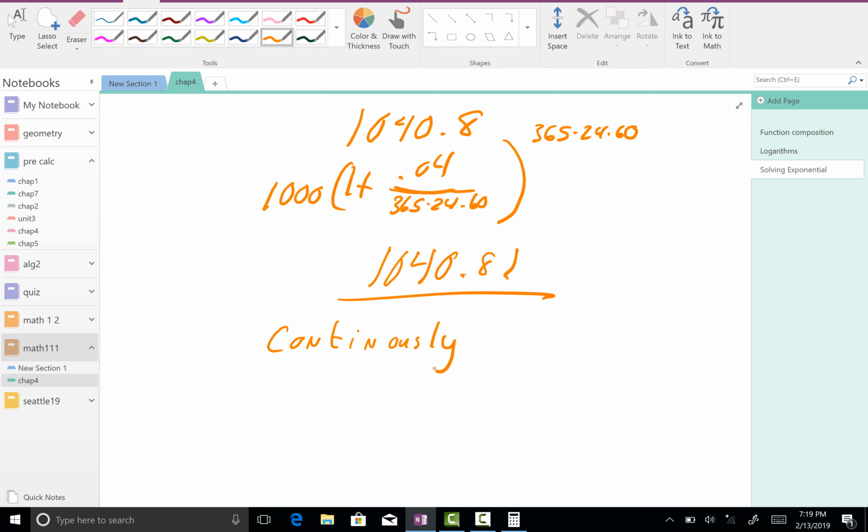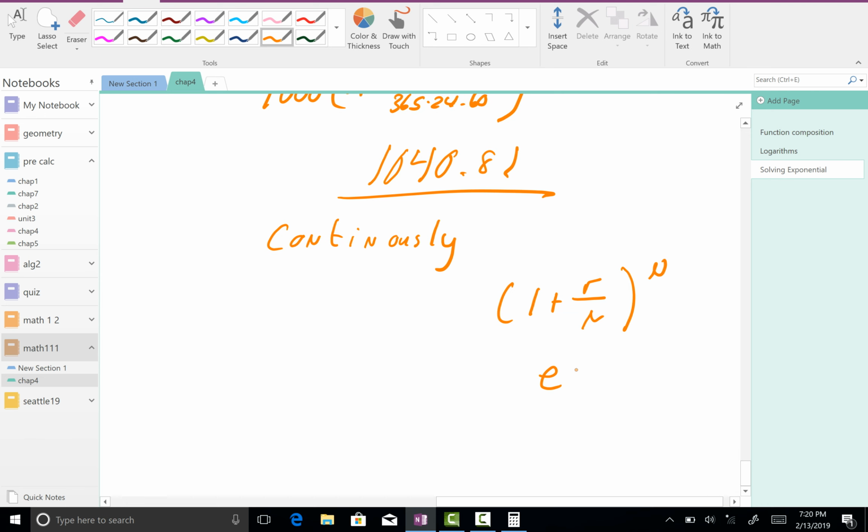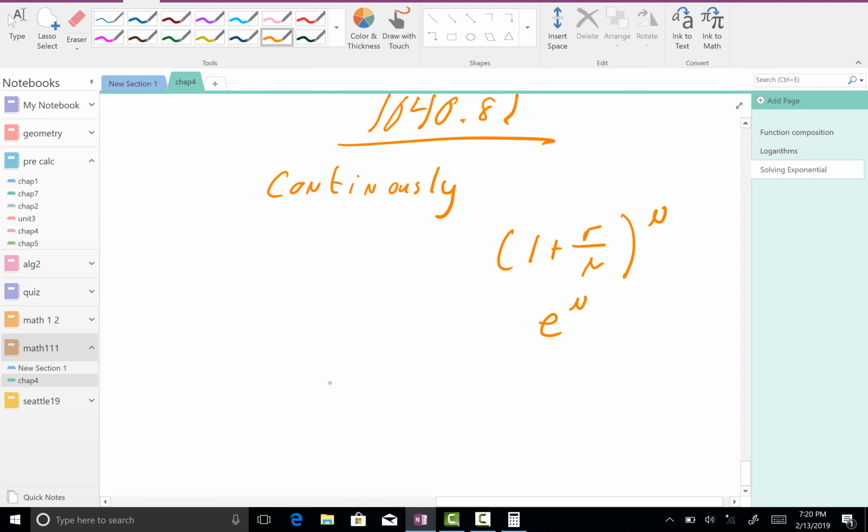And when you have something like that, it starts to look like this. Bless you. All right. Which becomes our thing for e. So this just becomes e to the n. Okay? So when you have a loan that's continuous, then you're just going to use what we used to call PERT.